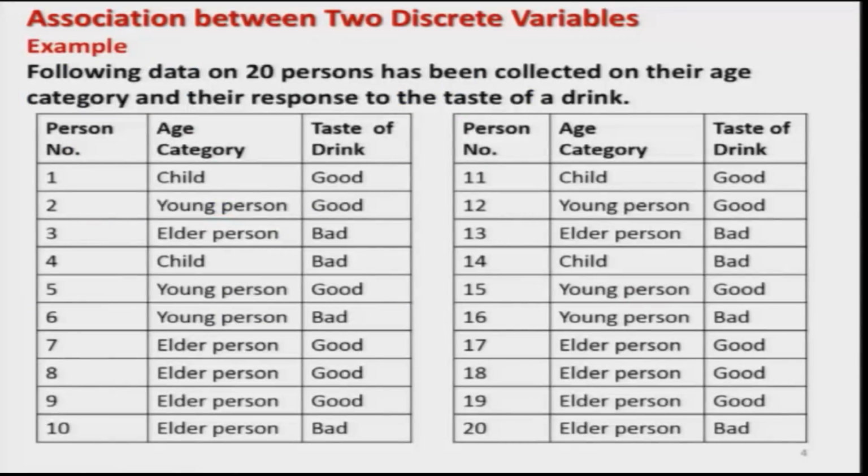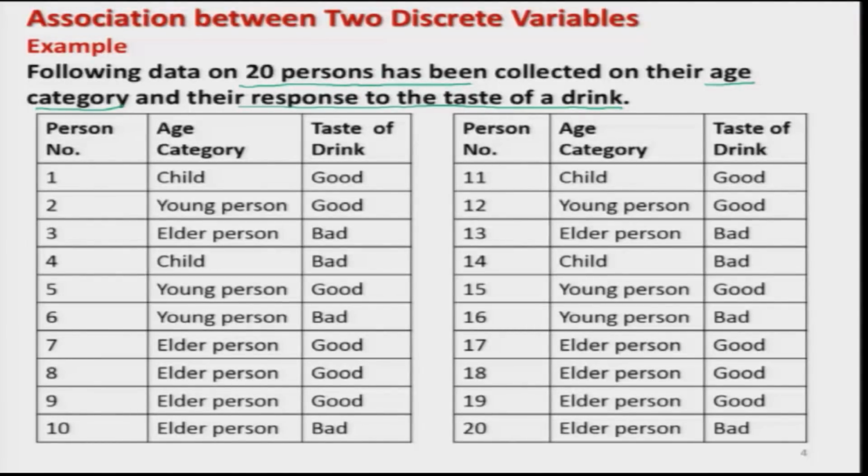Okay, so now I take a very simple example and convert the given data into a contingency table, and then I will obtain the marginal frequencies. Suppose there are 20 persons and they have been divided in 3 categories with respect to their age: child, young person and elder person, and all of them were given a drink and the taste of the drink was asked.